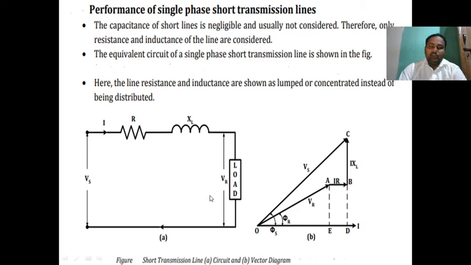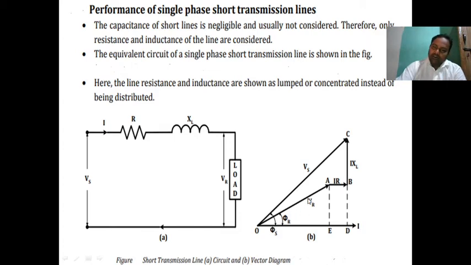For this circuit, we draw the vector diagram. How can you draw the vector diagram? First we take Vr as the reference quantity. Vr is the reference. For simplicity, we can draw it as a horizontal component.